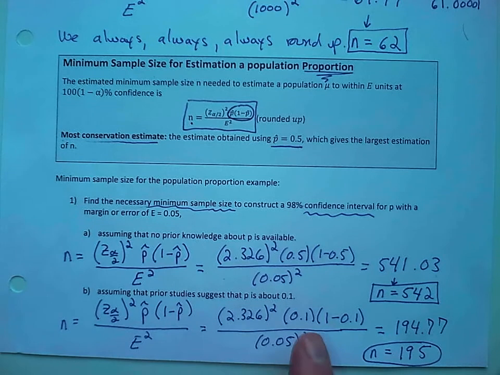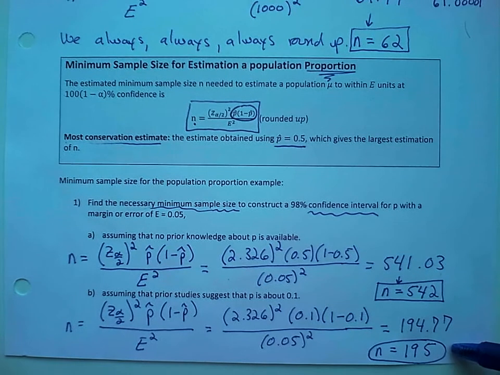However, when we said we didn't have a p hat estimate, we would use 0.5, and then the minimum sample size that we needed was 542. Clearly, this sample size for part A is much, much larger than the sample size for part B. So let's think about this here for a second.